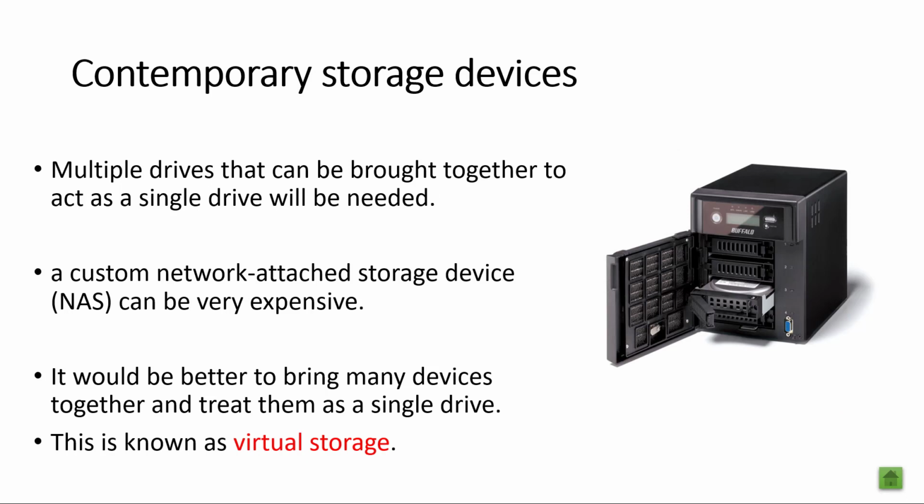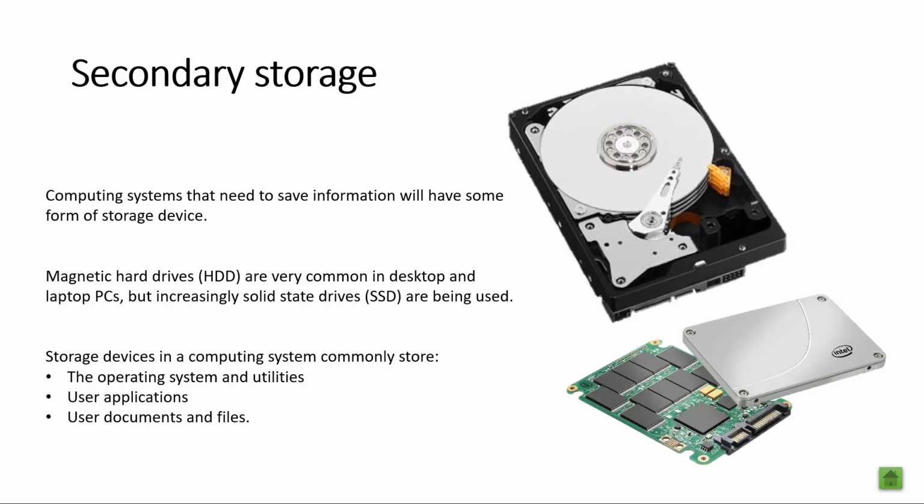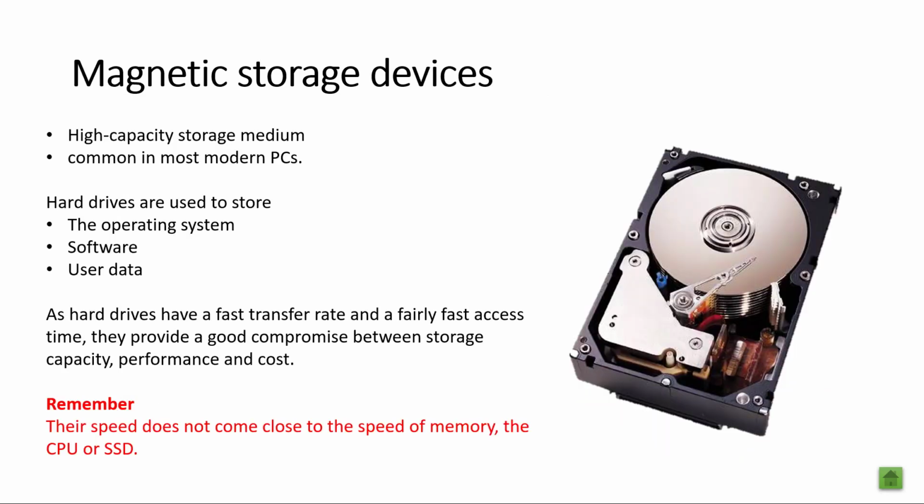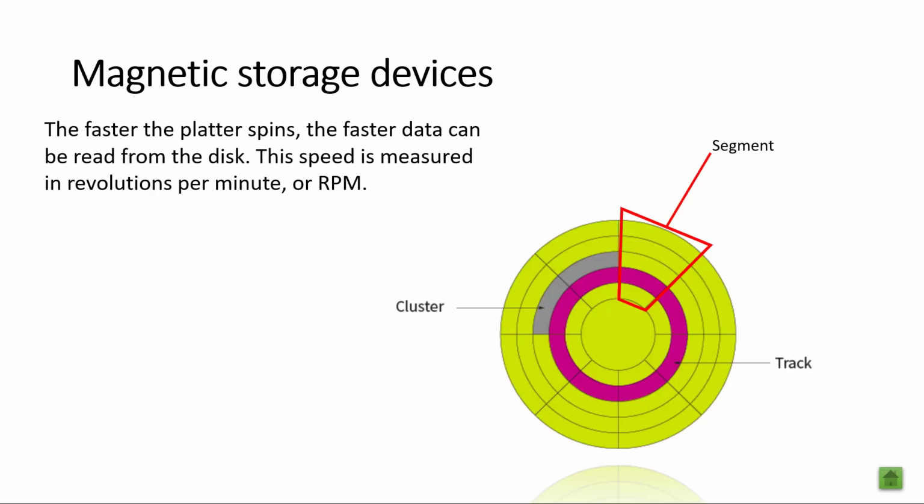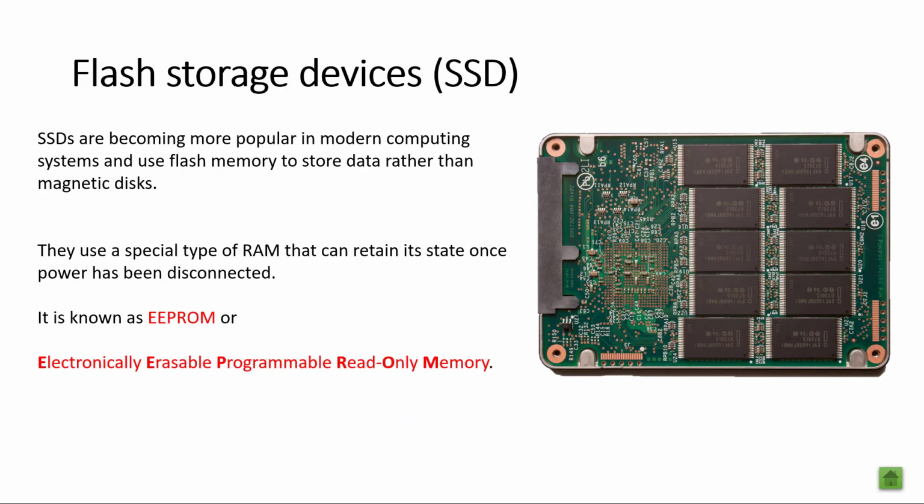You've got contemporary storage devices, which starts to go off on a tangent really, away from the OCR, MICR and stuff like that. You've got hard disk drives, so you need to know the properties of hard disk drives, the fact that there's physical movement, platters spinning, that kind of stuff. You've got solid state in addition to that. So solid state, what's good about solid state?